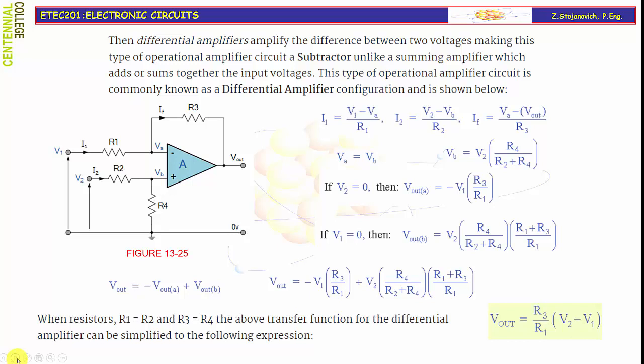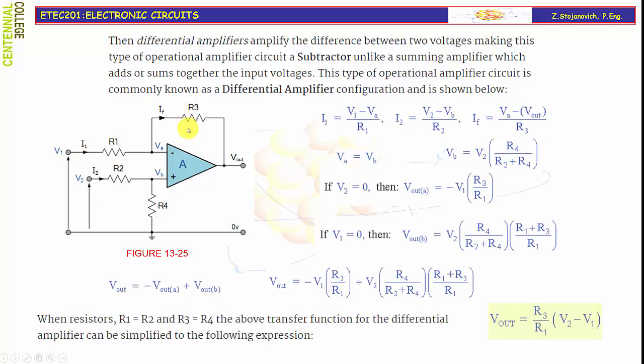The good thing about this configuration is that we can consider it as a linear network, and the superposition theorem in this case applies. So we can find the output voltage by individually evaluating the output portions of each of those signals acting alone in a circuit. So in the first case, when V2 is equal to 0, so we will ground V2, there will be only V1 acting in a circuit, and in this case you can easily recognize the inverting configuration.